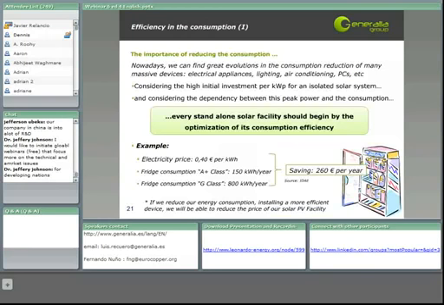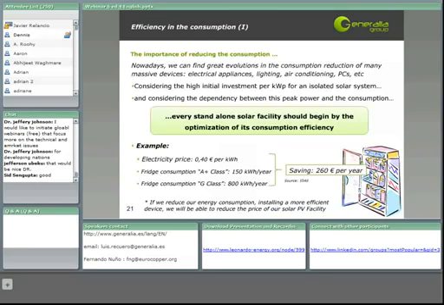Anyway, continuing with this slide about efficiency in the consumption, we have to know that every standalone solar facility should begin by the optimization of its consumption efficiency.